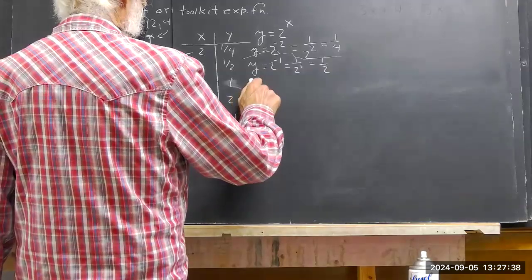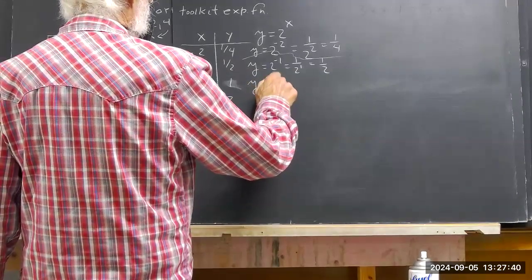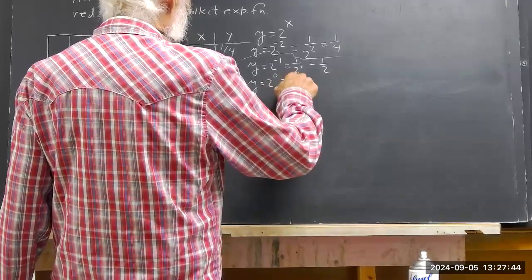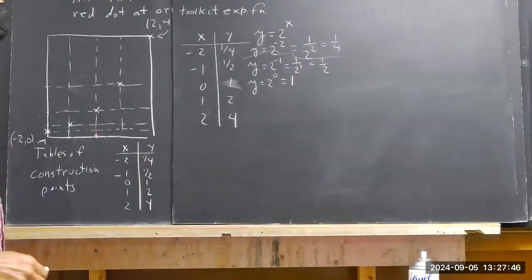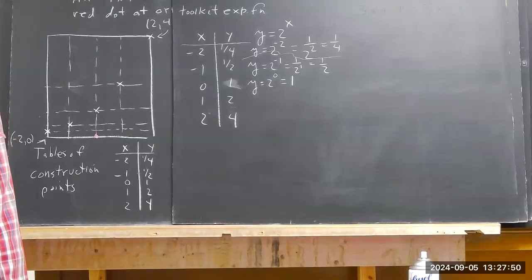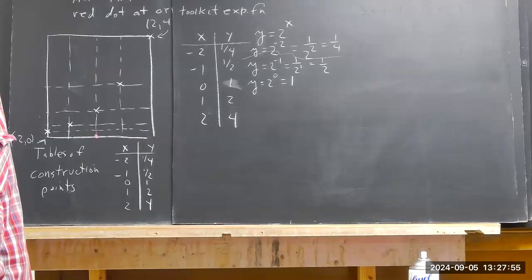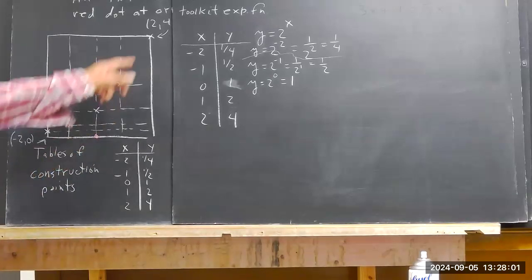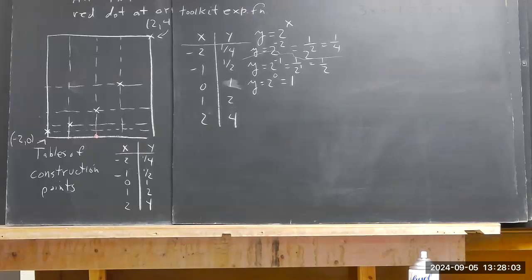And then y equals 2 to the 0, which equals 1. Why does 2 to the 0 equal 1? Because the rules for exponents wouldn't make sense otherwise. Okay? Also, this graph wouldn't make sense if 2 to the 0 wasn't 1. We can use this graph to define 2 to any power, any whole number or integer power.